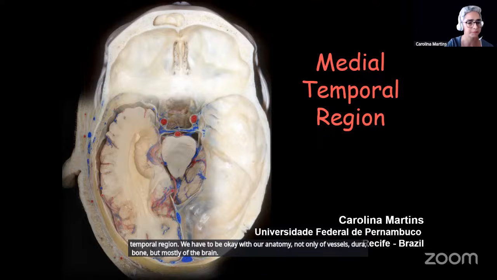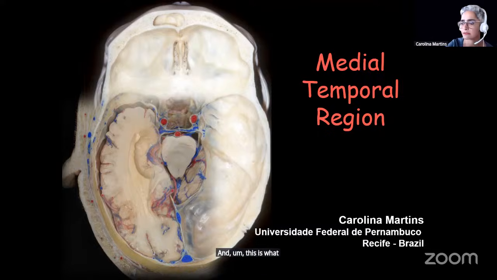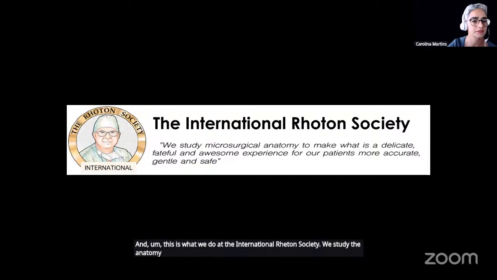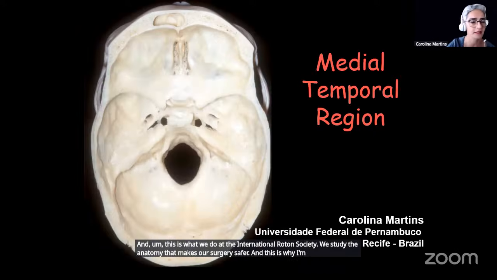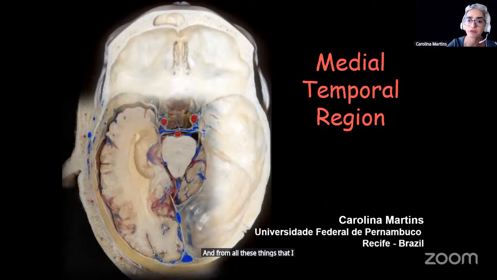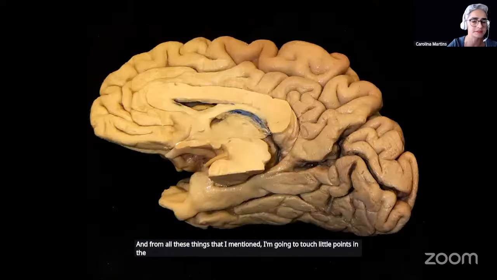And this is what we do at the International Rhoton Society: we study the anatomy that makes our surgery safer. And this is why I'm very glad and happy and honored to be here today. And from all these things that I mentioned, I'm going to touch on little points in the neural relationships in this area.